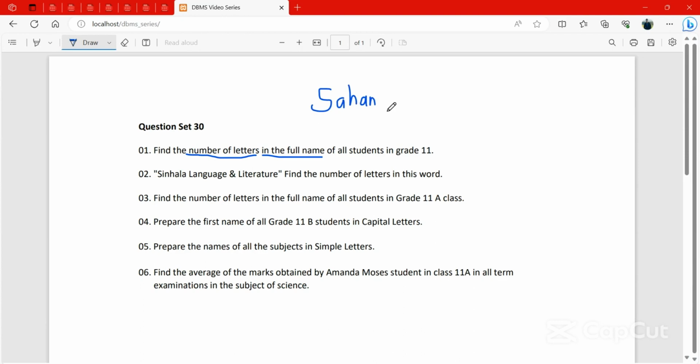Let's take this as his full name, and we can find out the number of letters in his name. You can say 1 2 3 4 5. So there are 5 characters in his name. That means there are 5 letters in his name. So that's what they have told us to find out here: the number of letters in the full name of all students in the grade level.